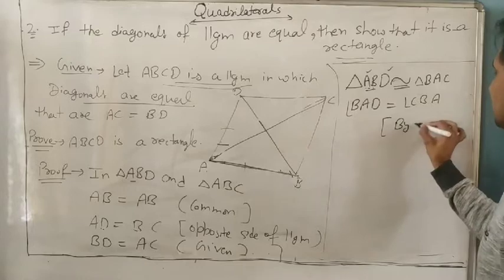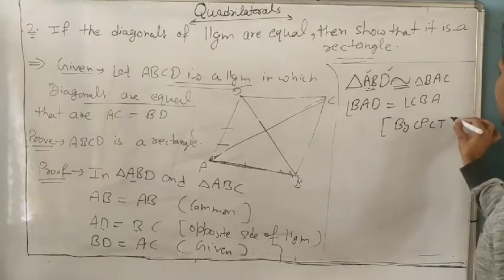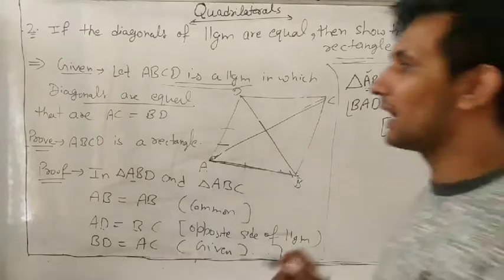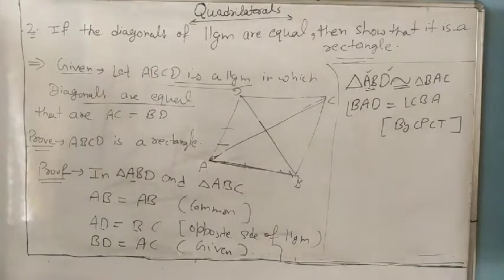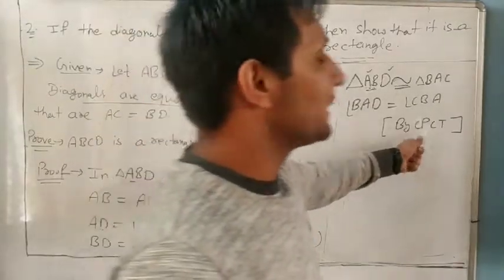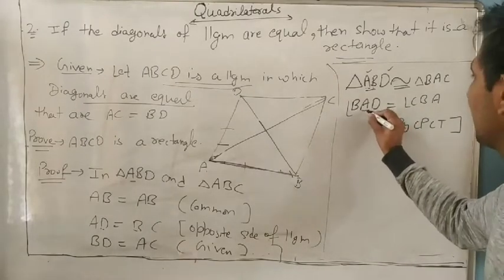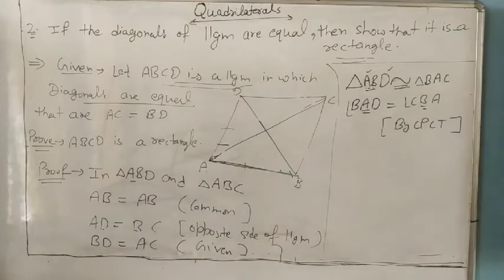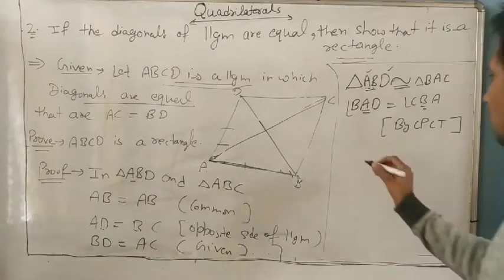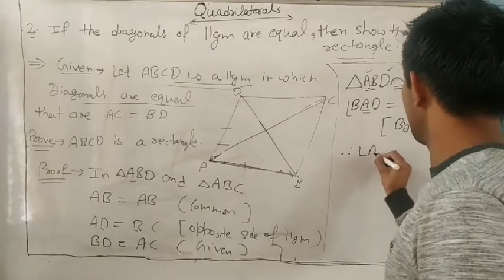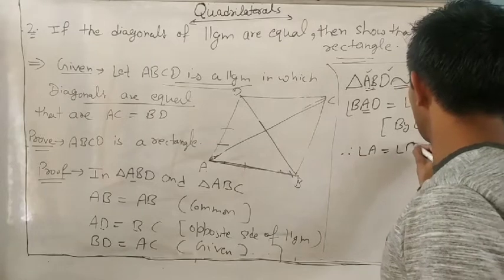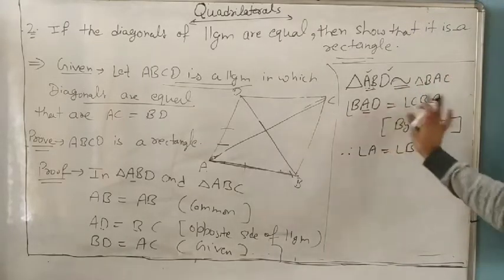By CPCT, corresponding parts of congruent triangles, which are always equal. You can write angle A equal to angle B. Yes, so therefore angle A equal to angle B.